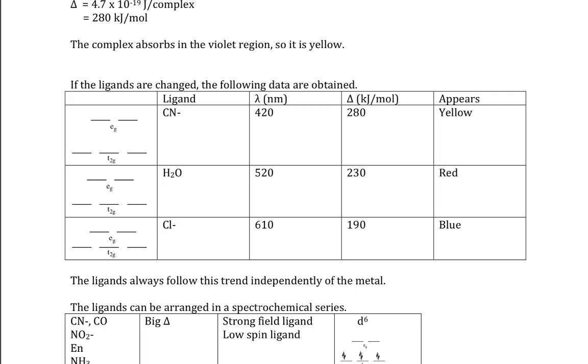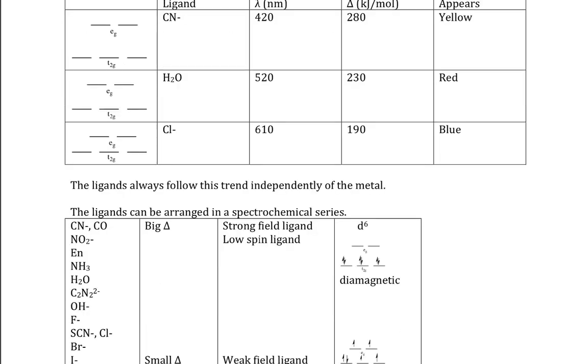And I tried to show that in the pictures in that first column. CN minus, big gap. Cl minus, little gap. So the eg orbitals are pretty close to the t2g ones. It turns out that for most complexes, the ligands follow this trend independently of the metal that they're attached to.